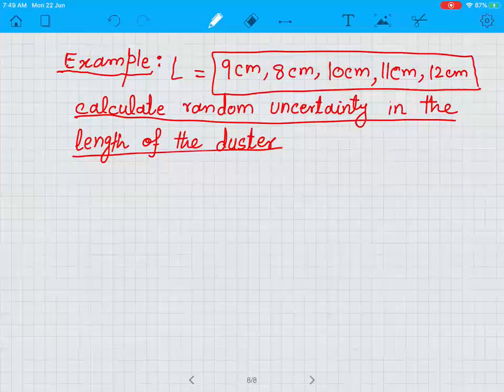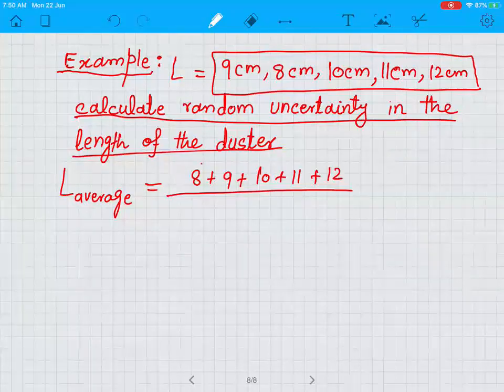Now the first step is to calculate the average value of the length. The average value of the length would be 8 plus 9 plus 10 plus 11 plus 12, and in total you have 5 values, divided by 5, and you'll get 10 centimeter as the average value.